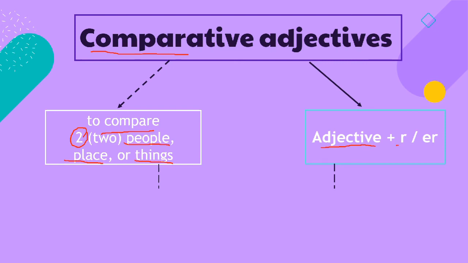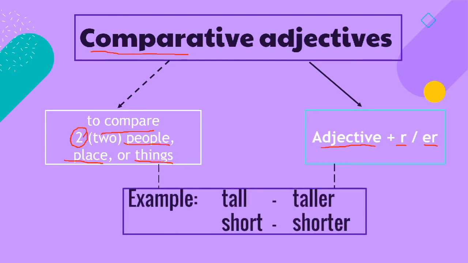Okay, clear? Now, the rule of comparative adjective is the adjective itself, and then you add the letter R or ER at the end of the adjective. For example, here are the adjectives. Tall becomes taller. Look, tall becomes taller. I put ER here. Short becomes shorter. Okay, so ER or R here means more, lebih.